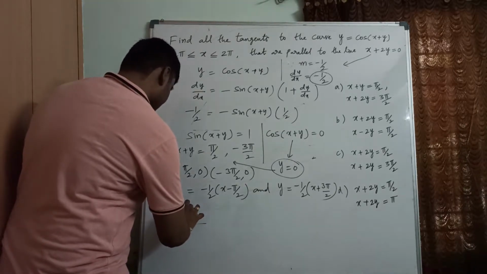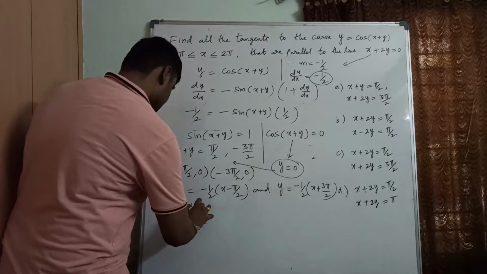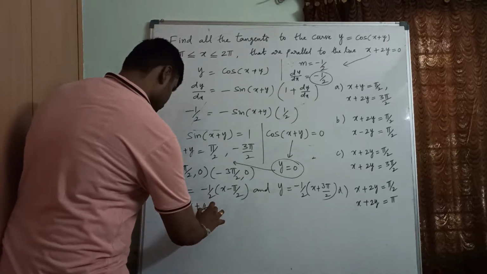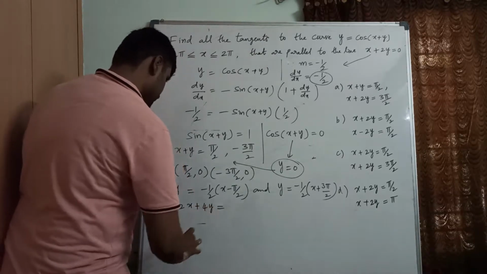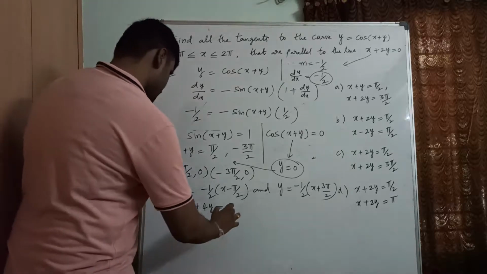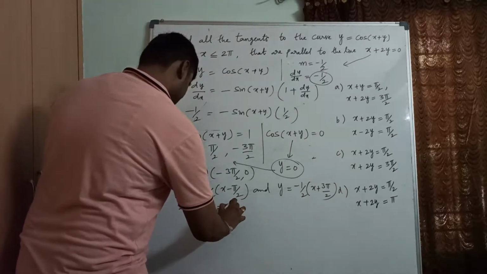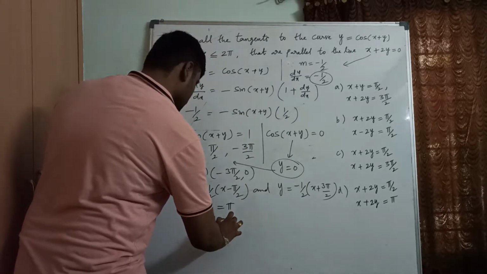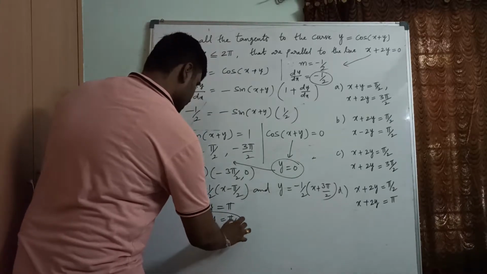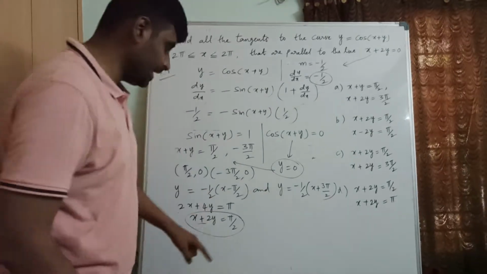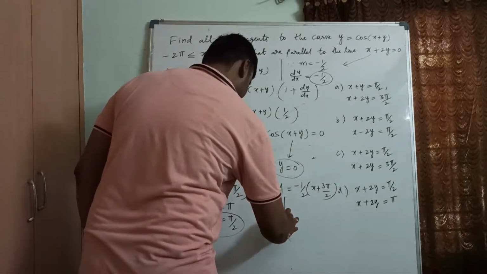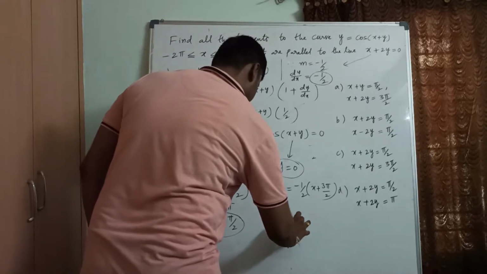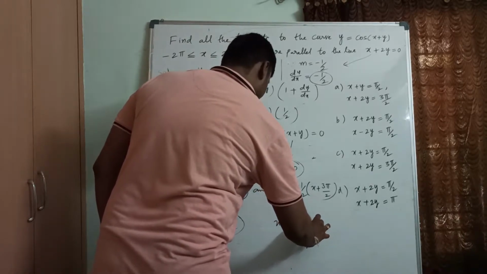So from this what will we get? 2x plus 4y equals pi. That means x plus 2y equals pi by 2. Hope you can understand. By simplifying this we'll get it. So here also, what will we get? X plus 2y equals 3 pi by 2 we will get.